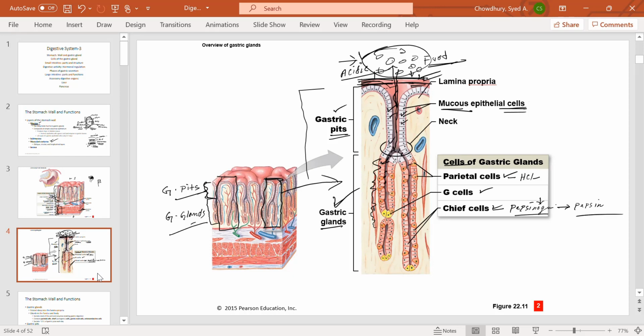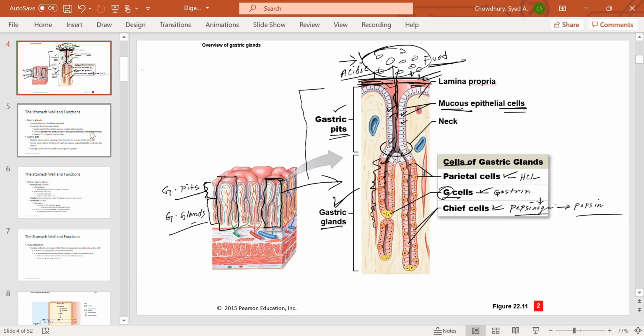Okay, and the G cells secrete gastrin. G cells secrete a hormone that is called gastrin. So these are the main cells in the gastric gland.